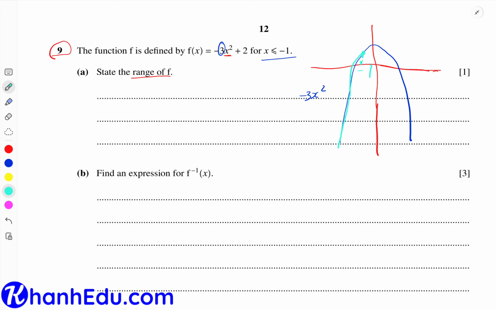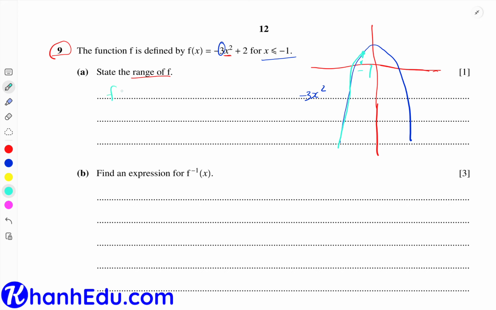So we have to find the value of the function at x equals minus 1, and that is the very important point in the process of finding the range of f.